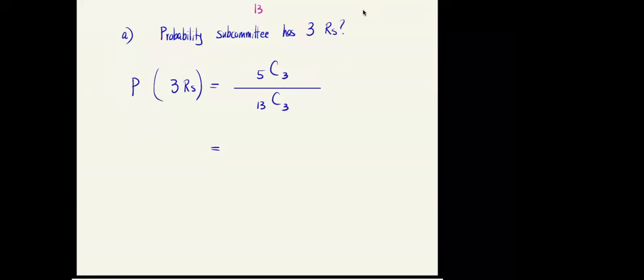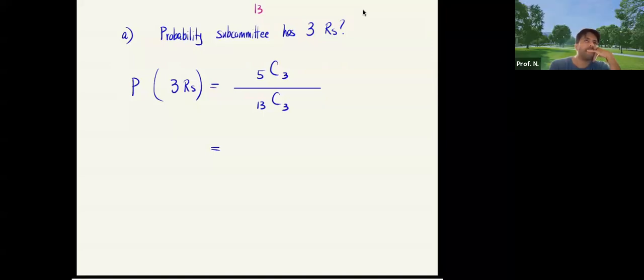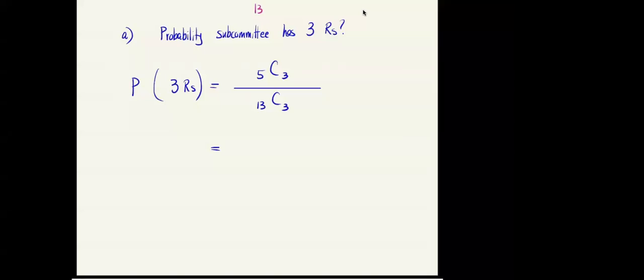And then you choose 1 more Republican for the 3rd place. So you have 1 choice over 11, which is left because you've already chosen 2 spaces. It's almost like you have 3 spots. It's almost like the 52 card deck. I don't know why this doesn't make sense.